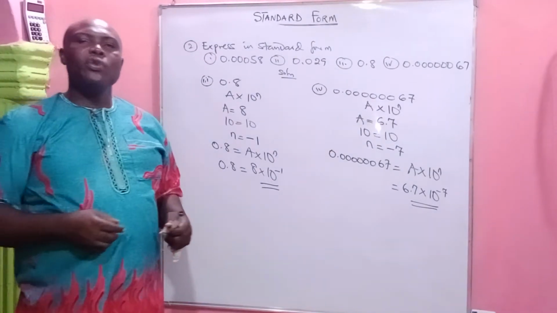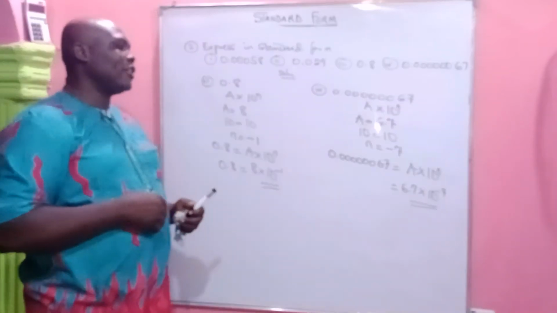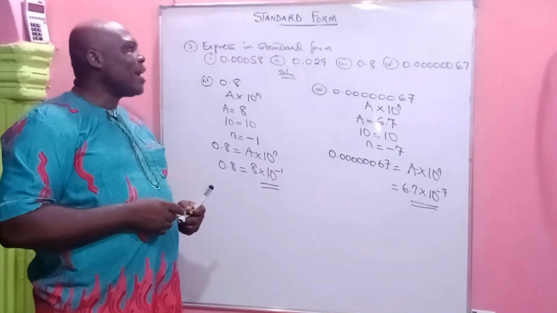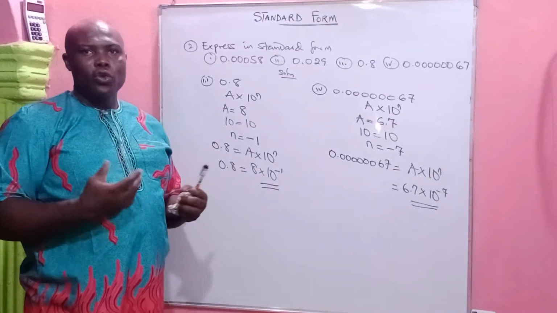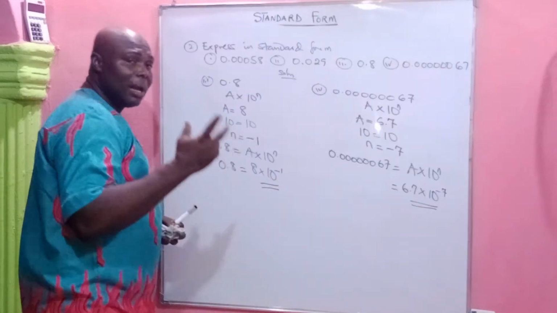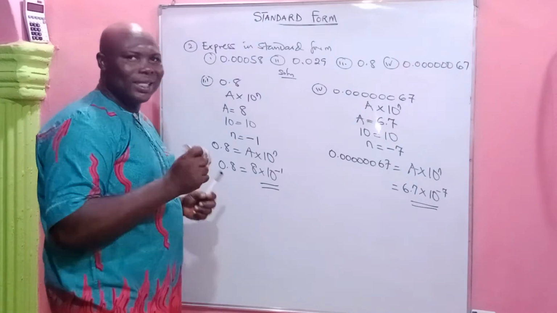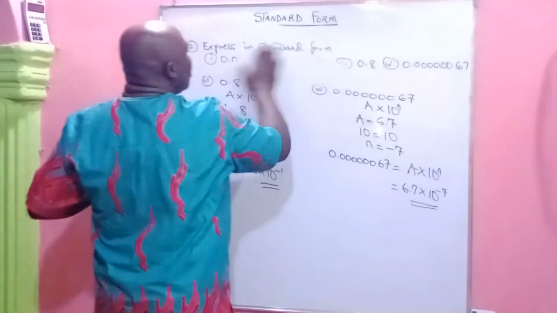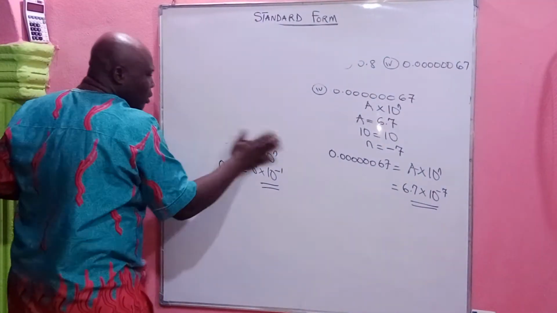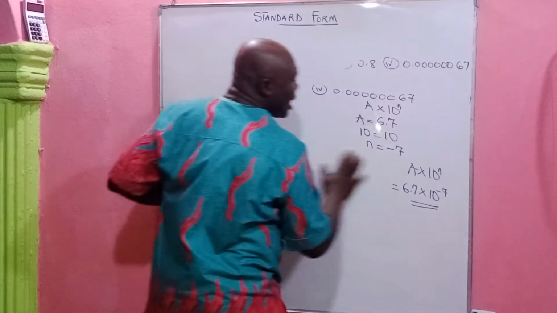So we have expressed that in standard form. Okay, what if you want to reverse these numbers expressed in standard form back to their original form? You can be able to do that. Let me just give you 1 or 2 or 3 examples so that you see how easy it is to do it. So here we are done expressing numbers in standard form.